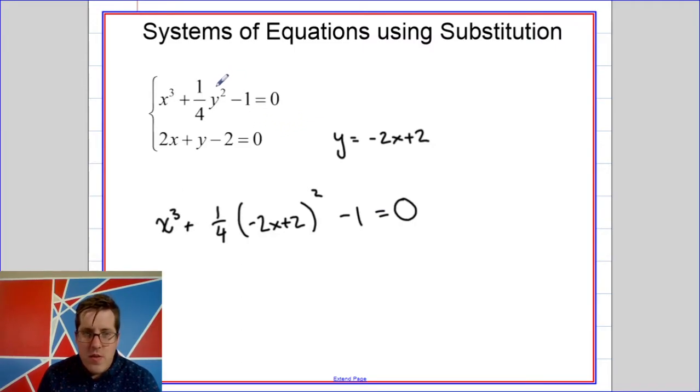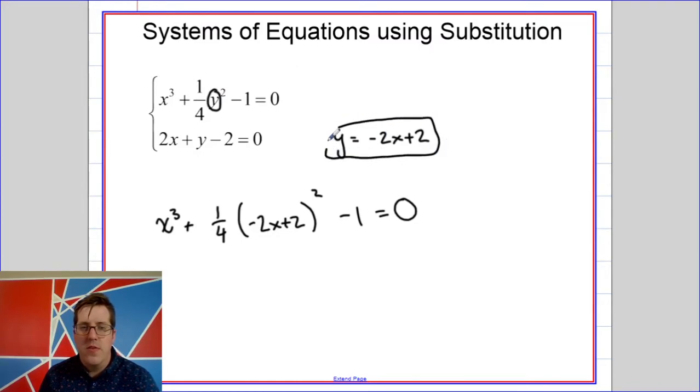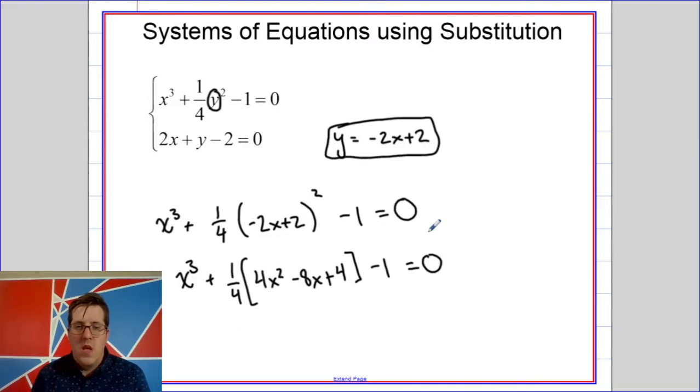So what I've done here is I have replaced y with negative 2x plus 2. That's the substitution. Now I'm going to FOIL out and see where I've gotten. When I FOIL that out, I notice that everything inside these brackets is divisible by 4, so I'm safe to divide that by 4 to simplify that fraction.